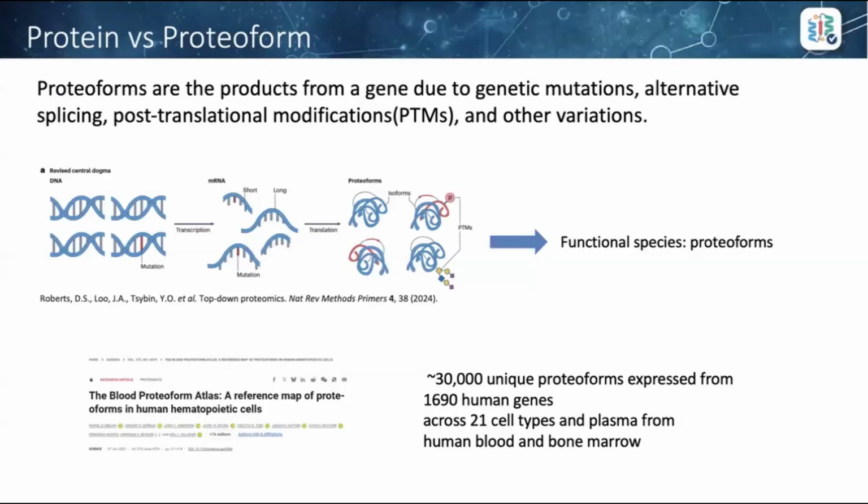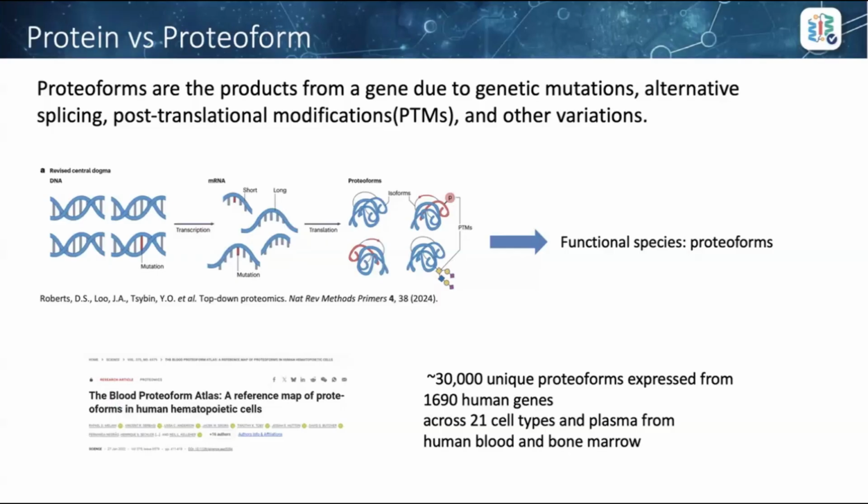Traditionally, we talk about proteins, but in reality, proteins exist as multiple proteoforms that arise from genetic variation, alternative splicing, post-translational modifications, and other variations.